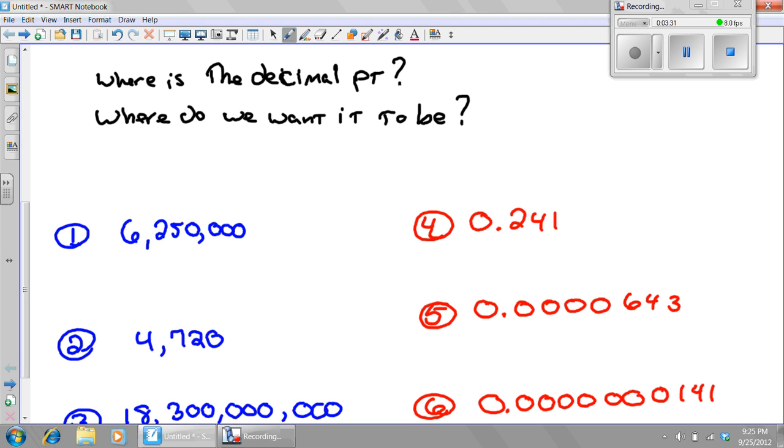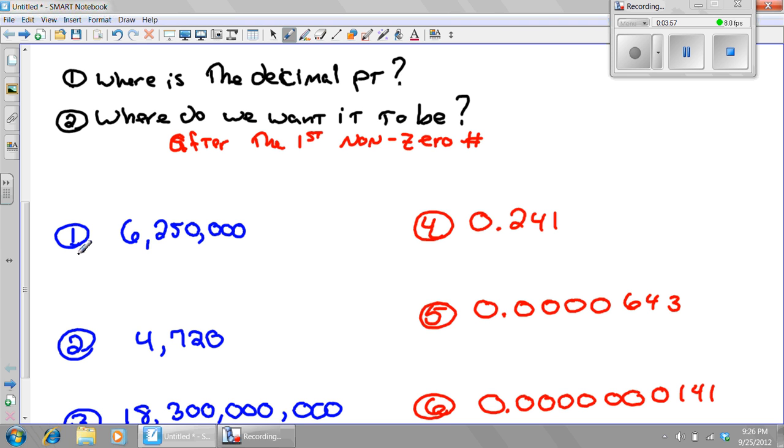Well, to be in scientific notation, we'll take the second question first. To be in scientific notation, we always want it after the first non-zero number.